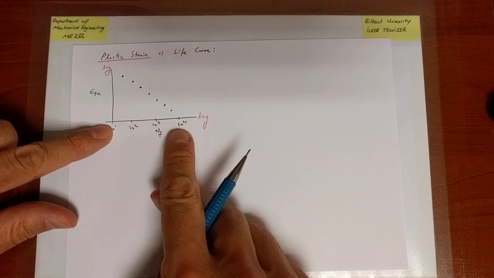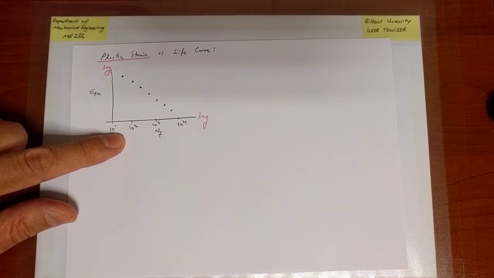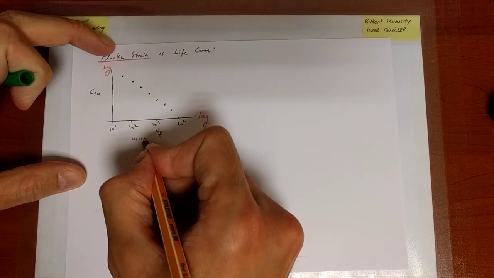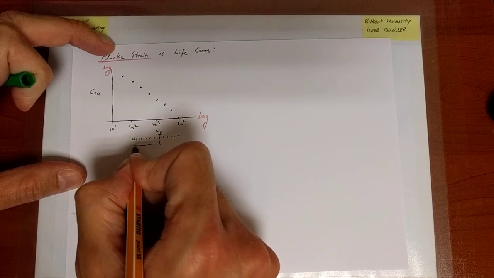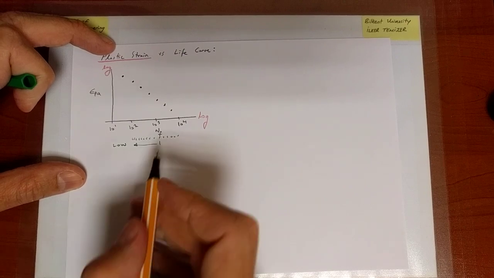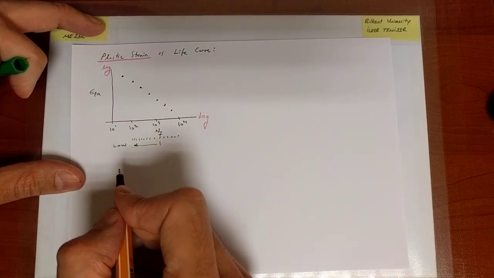Now I know that the transition from low to high cycle is going to occur somewhere in there, but certainly I know that somewhere to the left of it definitely lies in the low cycle regime, and beyond is somewhere where high cycle is going to start.